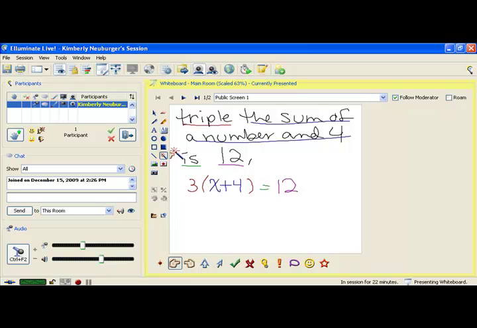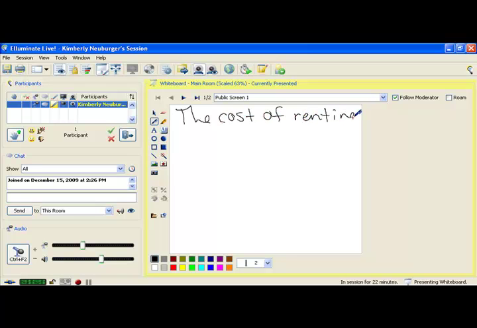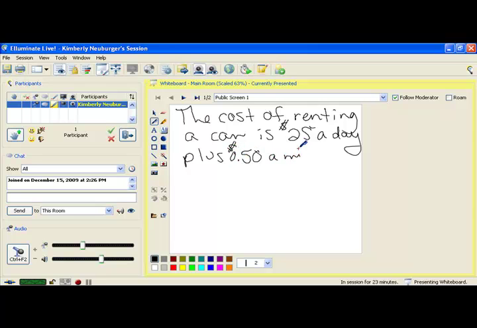Now, the other type of thing you might have, rather than just having straight words, is you might have a situation and you might have to think about some common sense on what that situation is meaning. For instance, you might have something that says the cost of renting a car is $25 a day plus 50 cents a mile.